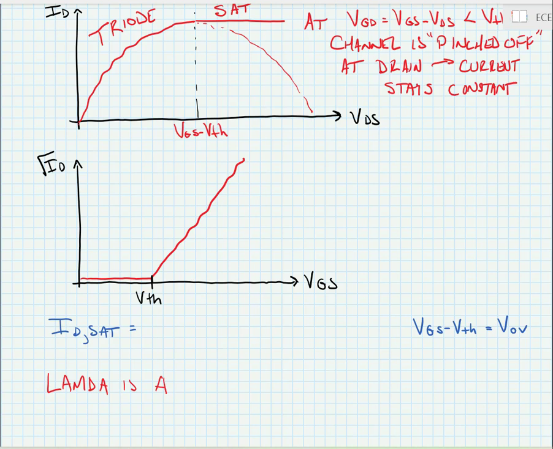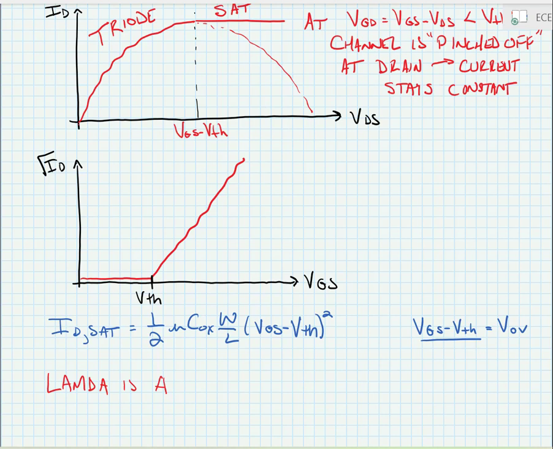Here we have ID sat is equal to 1/2 mu Cox W over L times VGS minus VTH squared. Again, we note that VGS minus VTH is sometimes called the overdrive voltage, or VOV.